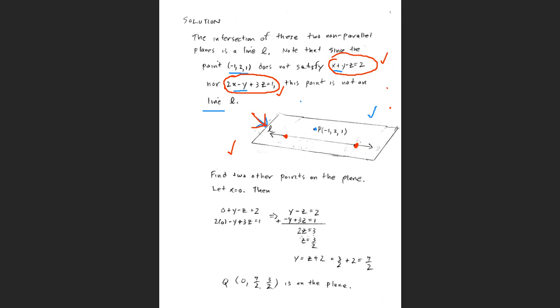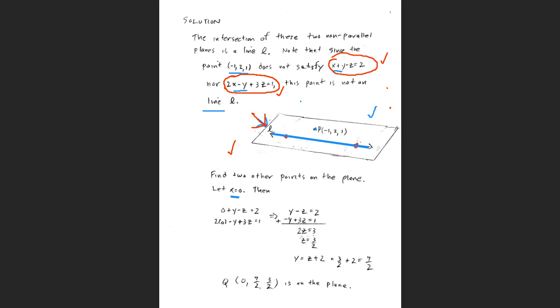This line moves throughout space, and at some point that line will pass through a point whose x-coordinate is 0.